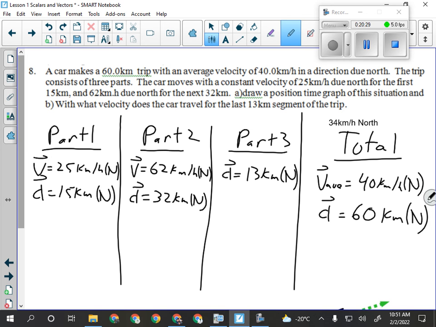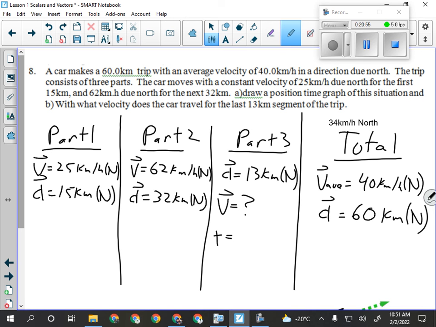Okay, so that's all the information that we have. They want the average velocity here. What don't I have for part 3 that I need? Time. Okay, so I need the time for part 3. There's no way for me to get it with the information from part 3 because I don't have enough. Okay? But I know how far and how fast the whole trip is taken at.